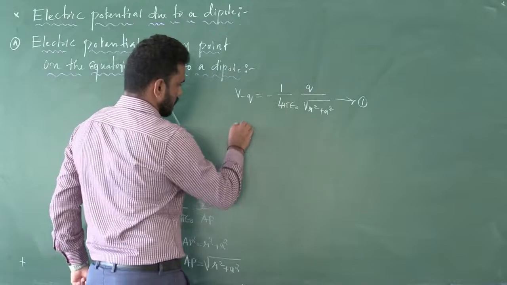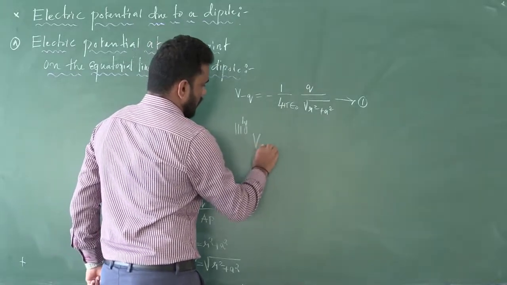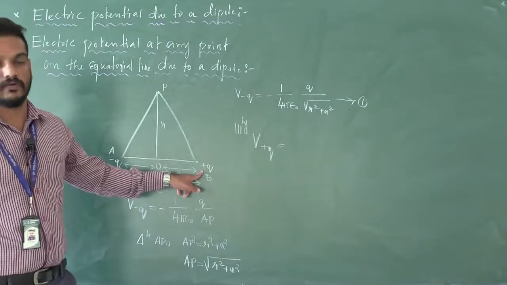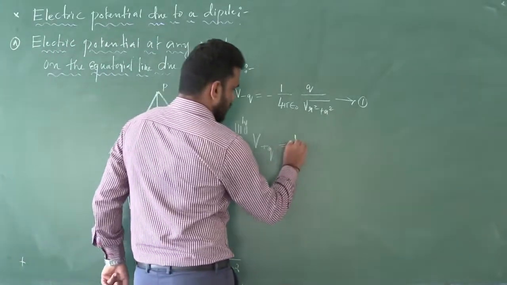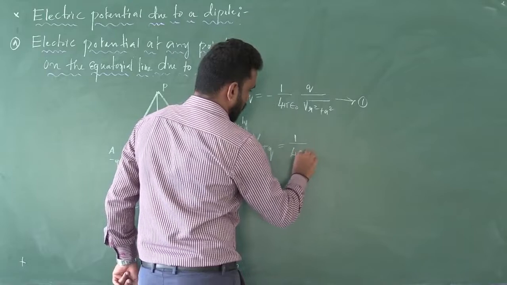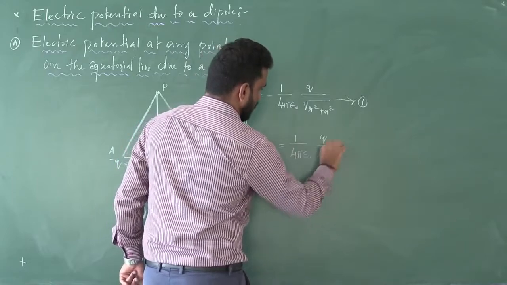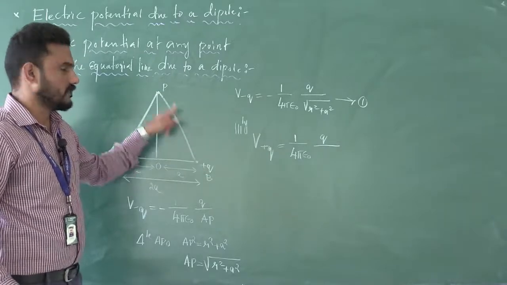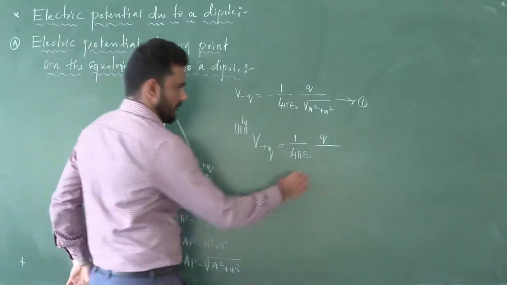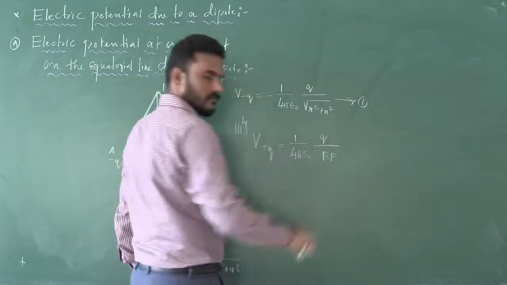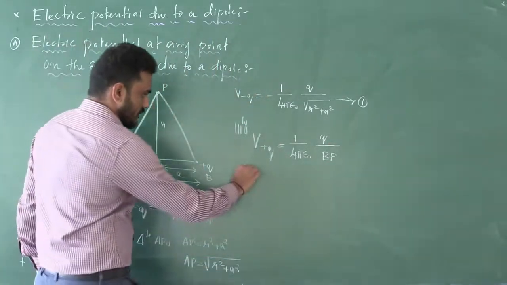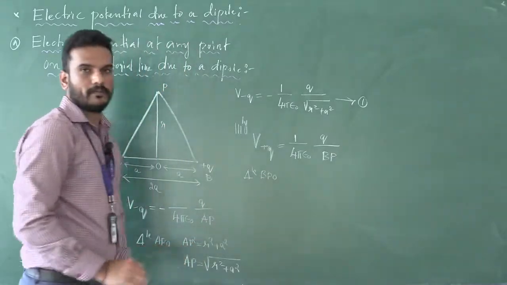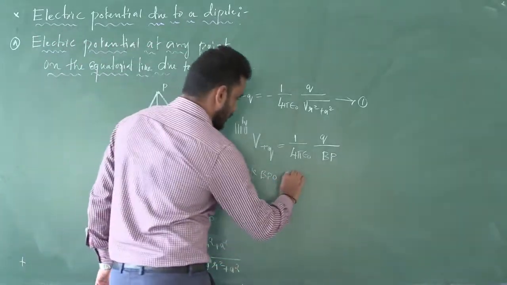Similarly, what is V plus Q? That is the electric potential due to the positive charge. Same equation: 1 over 4 pi epsilon naught, positive sign, Q divided by the distance between the positive charge and the point P. We shall write it as BP. Again, by using triangle BPO, we need to apply the Pythagoras theorem. What you will get?